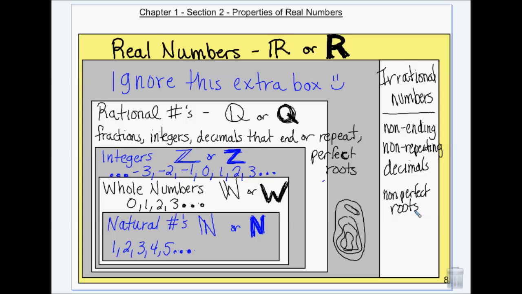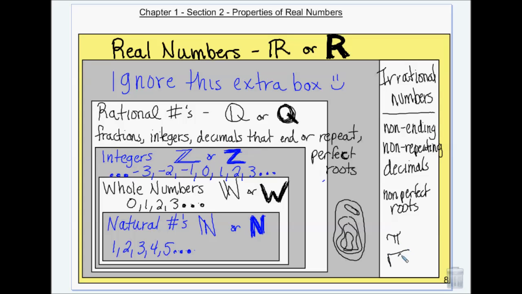And non-perfect roots are non-repeating, non-ending decimals. So pi, right? You guys all know pi goes on forever and has no pattern and has no end. Pi is an irrational number. So any decimal that will go on forever and ever and ever, and it has no pattern, it has no end, would be considered irrational.